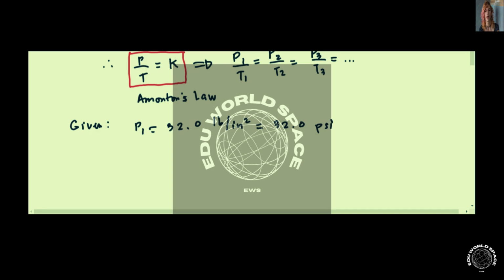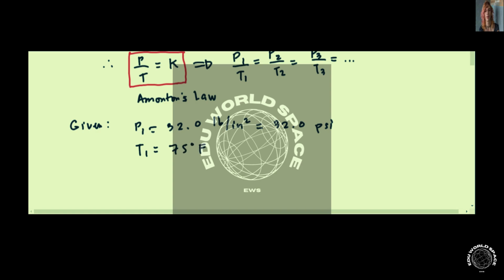And this is the pressure of the gas in a car tire at a temperature of 75 degrees Fahrenheit.